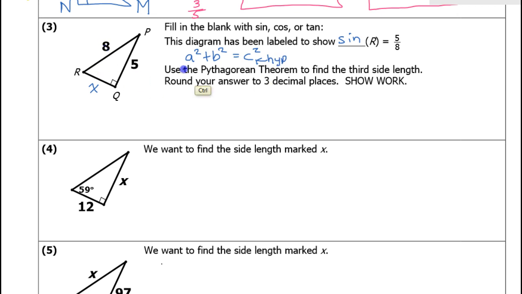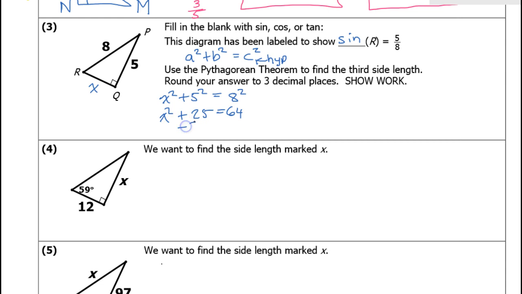So the 8 has to go over here by itself. So we will write x squared plus 5 squared is equal to 8 squared. Alright, the hypotenuse has to be the c. So that's going to be x squared plus 25 is equal to 64.